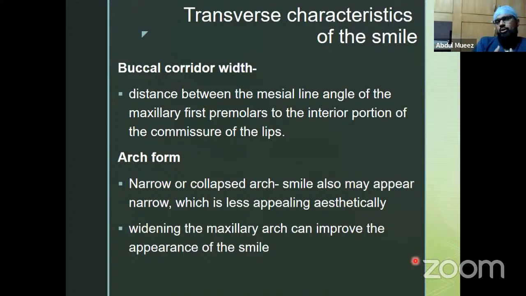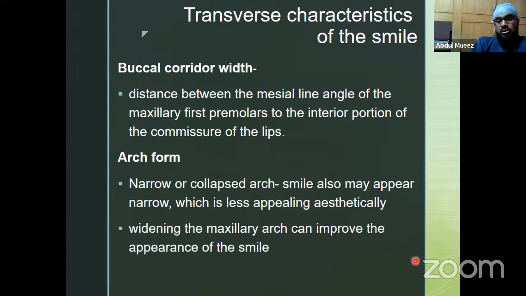This is important because it indicates whether you can expand the case or whether you have to go for an extraction or a non-extraction. If there is sufficient buccal corridor space, you are going to expand it. If there is no sufficient buccal corridor space, you need to go for an extraction.